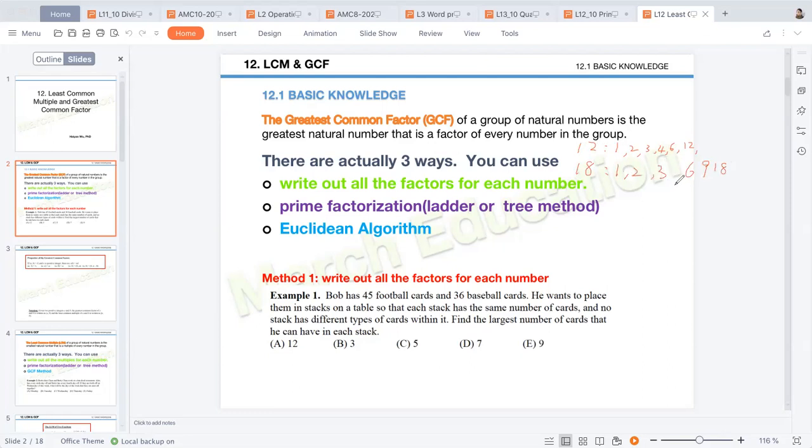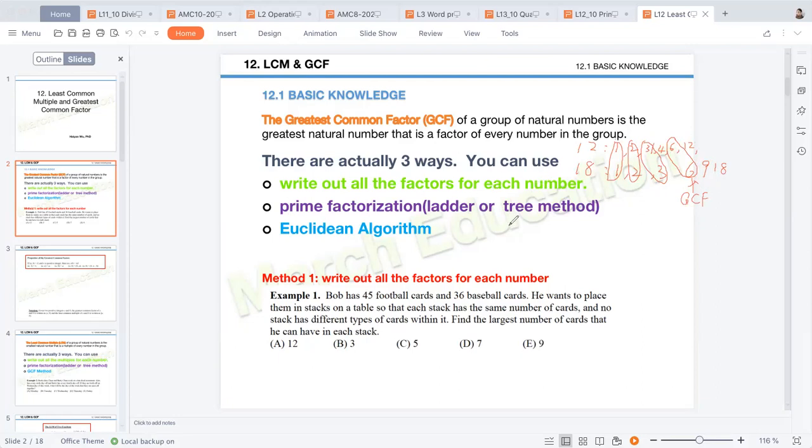So if I need to find a common factor, you can see the common factors are 1, 2, 3, and 6. So which is the greatest common factor? 6 is the greatest common factor, right? So this is the first method. I just write out all the factors for each number.